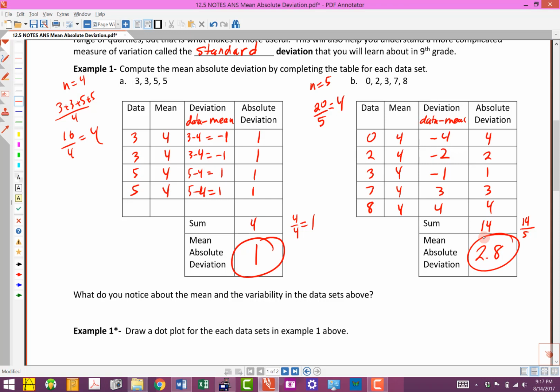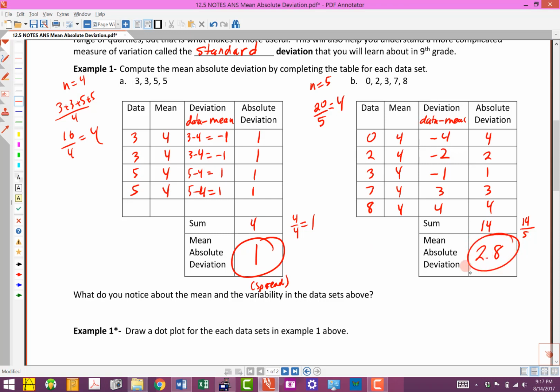Now, if we just look at these data sets right here, this is 3 and 3 and 5 and 5. The mean is 4. This is 0 and 2 and 3 and 7 and 8, and the mean is 4. Look at the mean absolute deviation. The mean absolute deviation, or one of the measures of variability, or one of the measures of spread, is 1, and the measure of variability on this one, the measure of spread on this one, is 2.8.